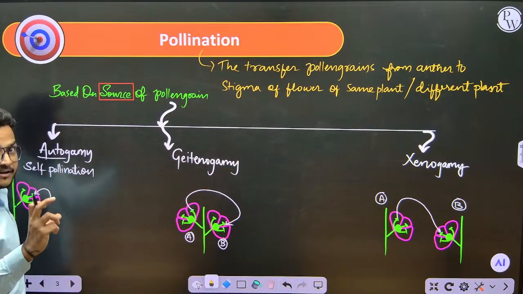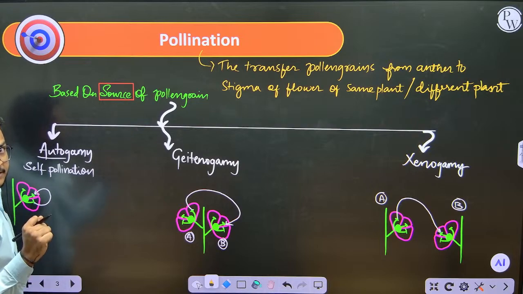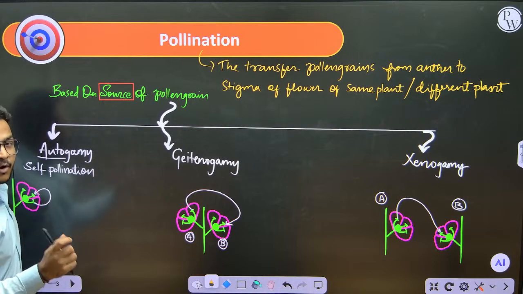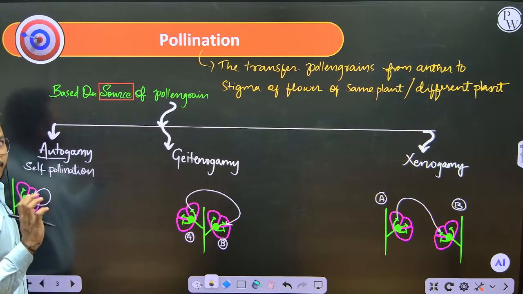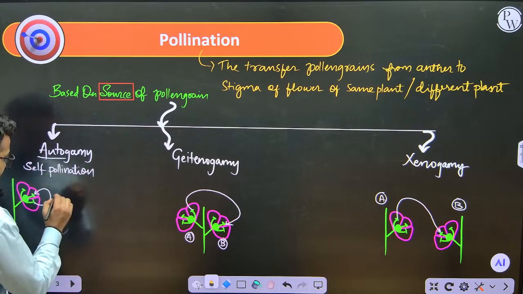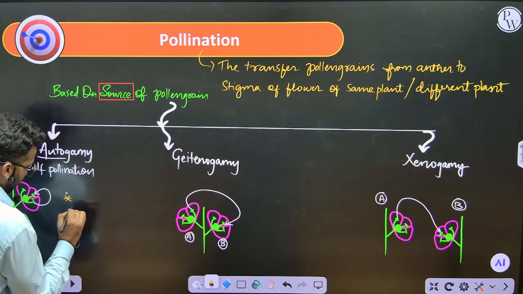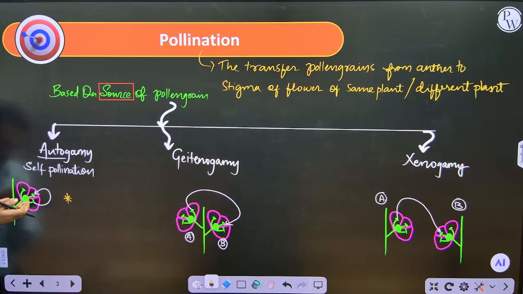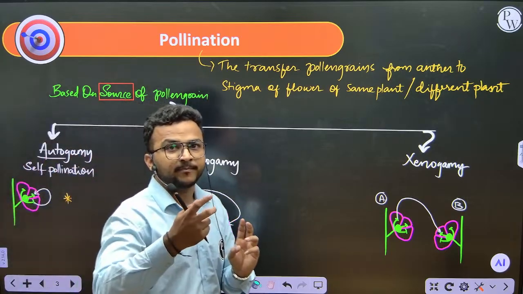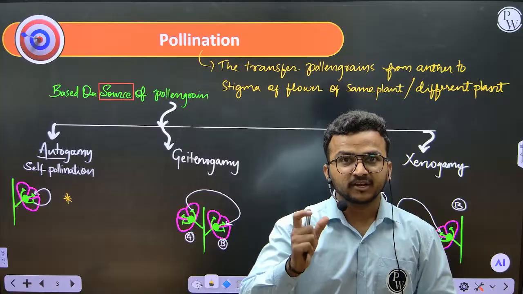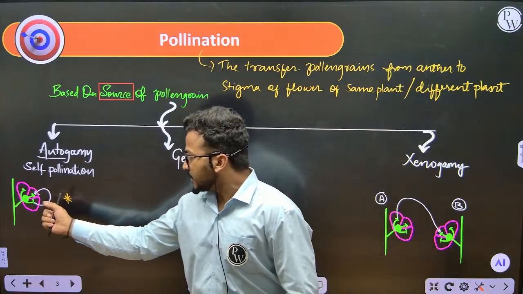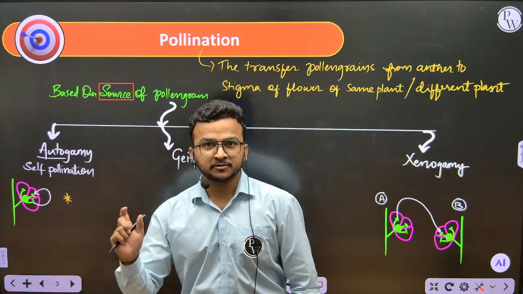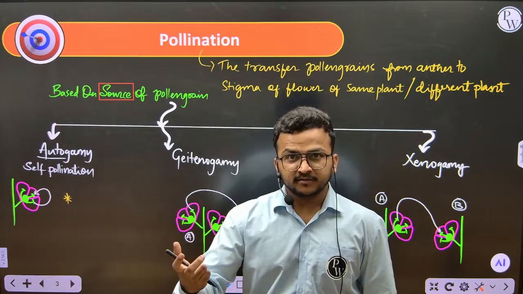What does it take to undergo self-pollination, what are the things needed in plants? One is that the flower should be closed, and the anther and stigma should mature at the same time. The synchrony of the time of maturation of both male and female reproductive structures should be together.